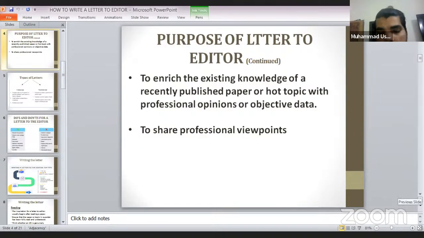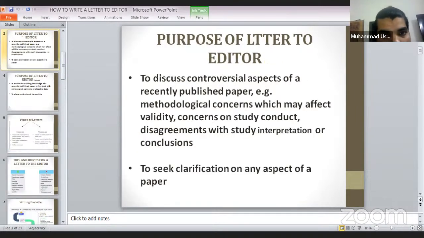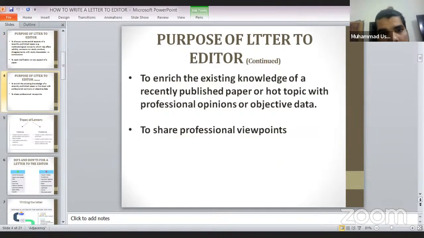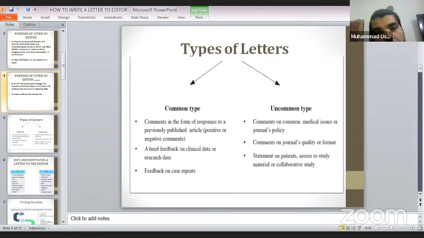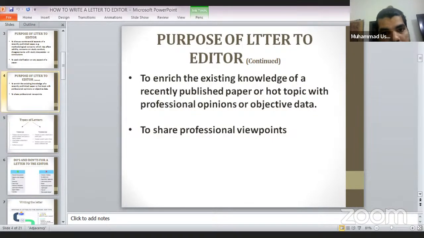If there is a person who is an expert in AI and is also a physician or clinician, and wants to share his input, he or she can write a letter to editor and share his or her perspective.